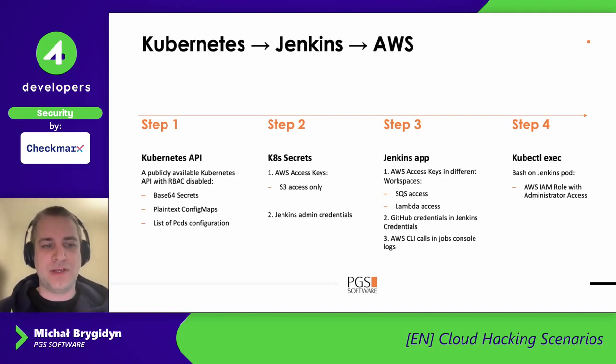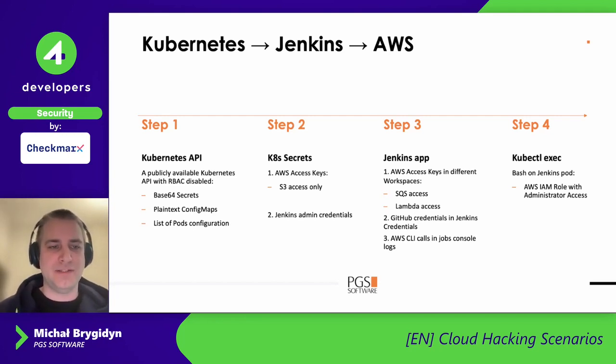But there are many cases where Kubernetes is not only publicly exposed, but also role-based access control is disabled. And I don't know why people do it, but it's quite often configured that way. My automated scripts try to find these misconfigurations every single day, and every day I have some results.